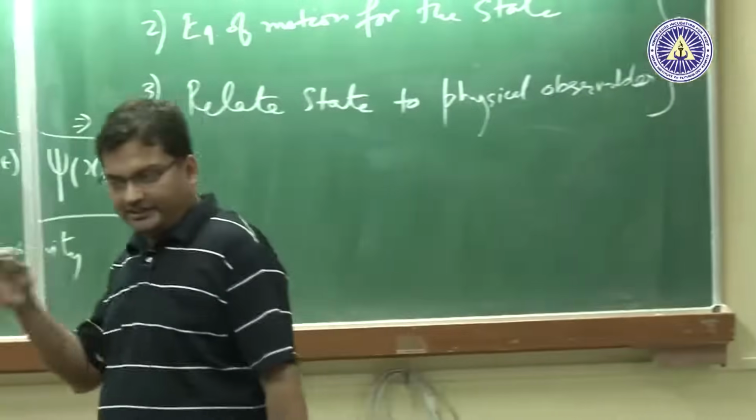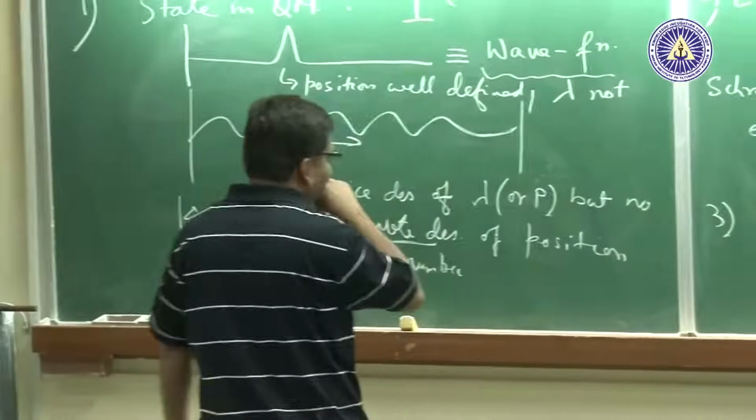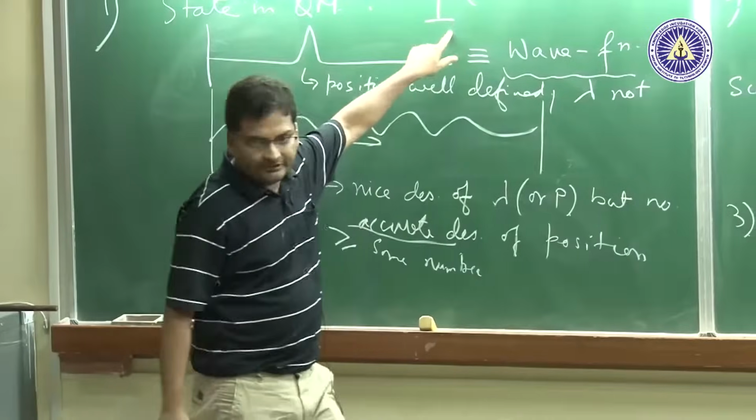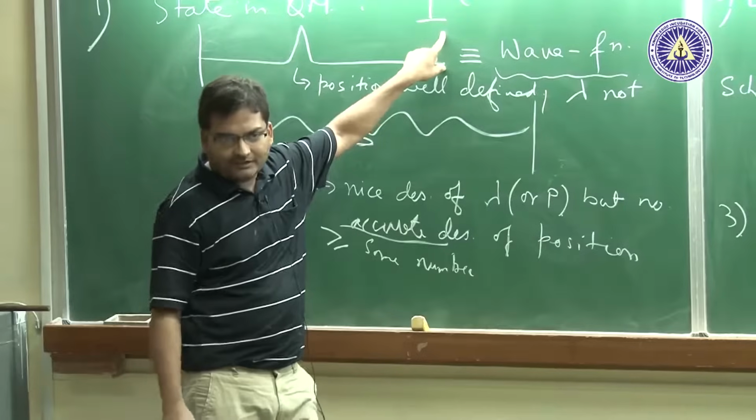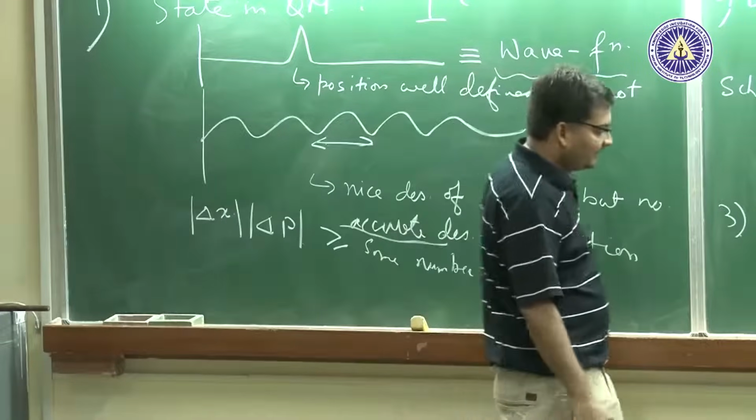So, let me again just hit you with the result. Let me say that the psi in general can be a complex quantity, and a complex quantity I can't relate to any realistic observable.